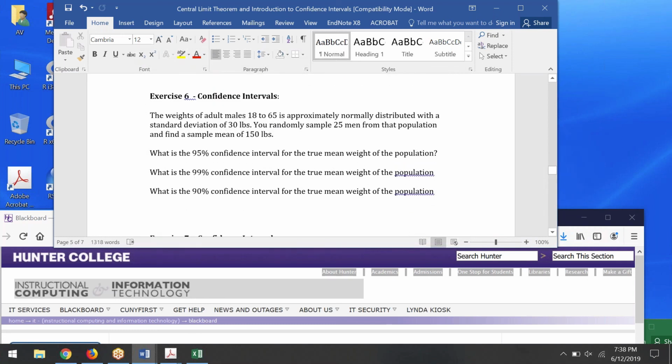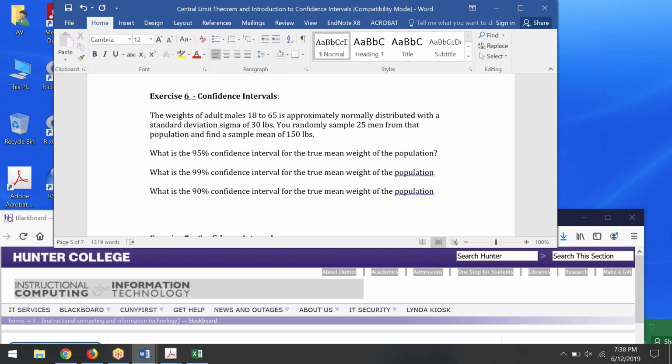Okay. So the weights, we're gonna do a study, and the weights of adult males from 18 to 65 are approximately normally distributed with a standard deviation of 30 pounds. This is the population standard deviation, sigma. Now, are you always going to know that? Nah, you're not always going to know what sigma is.